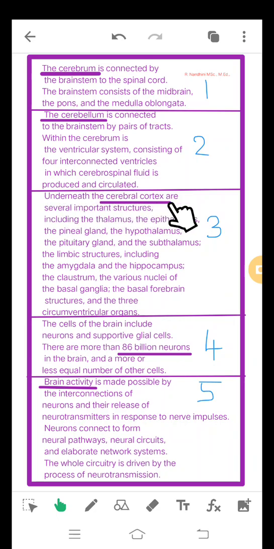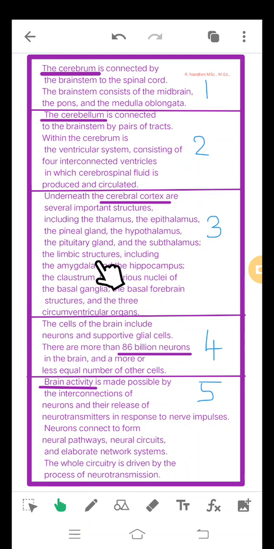Underneath the cerebral cortex are several important structures including the thalamus and epithalamus, the pineal gland, the hypothalamus, the pituitary gland, and the subthalamus.